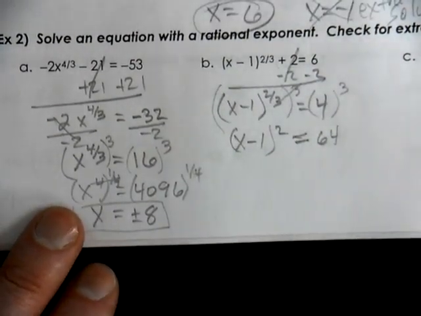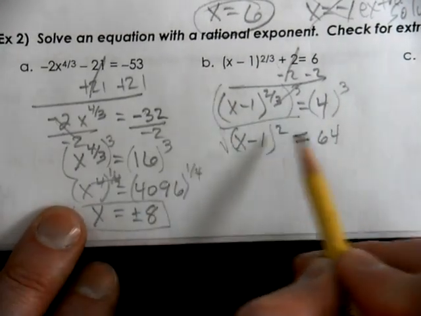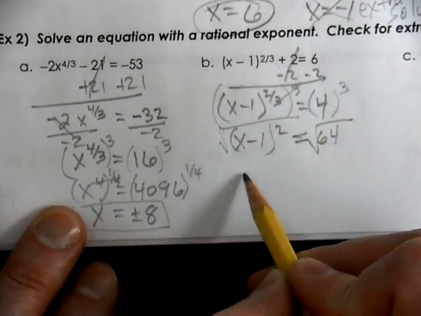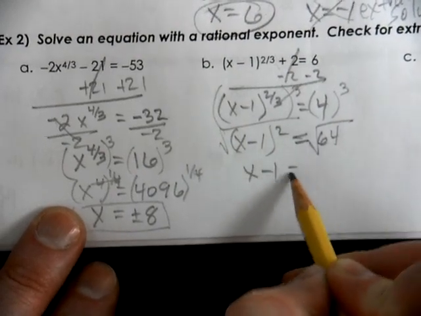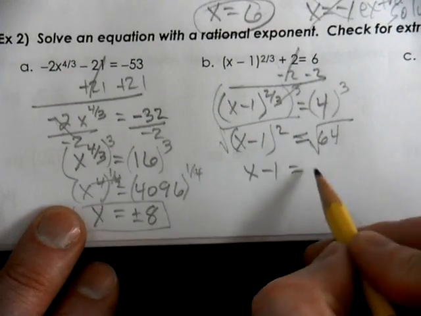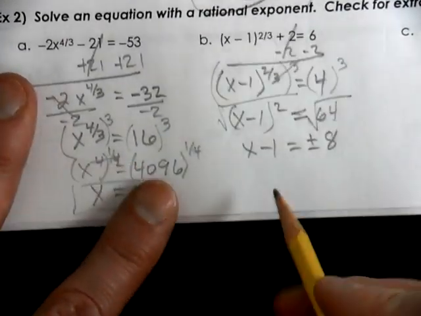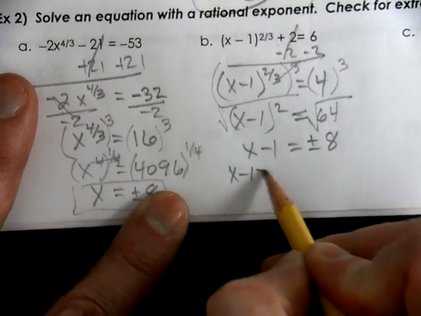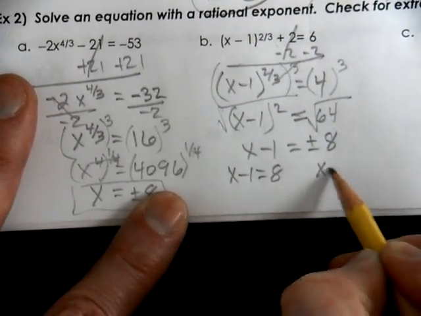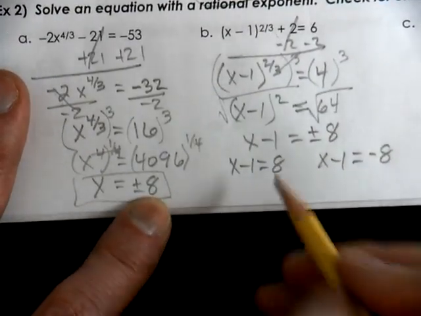That doesn't require any pluses or minuses. Then you can do the square root, which gives you x minus 1, and when you take the square root of both sides of an equal sign, this is where plus or minus comes from. So you have x minus 1 equals 8, and x minus 1 equals negative 8.